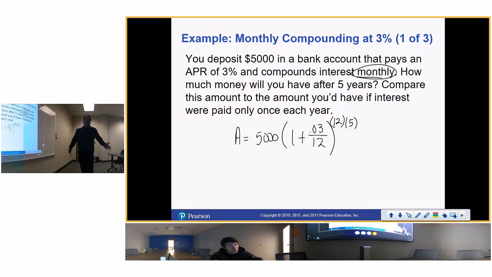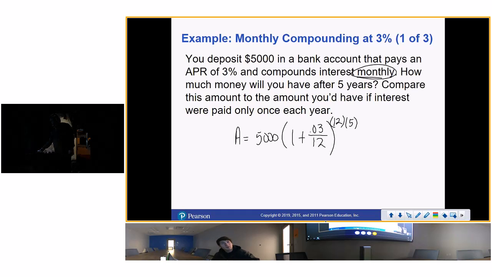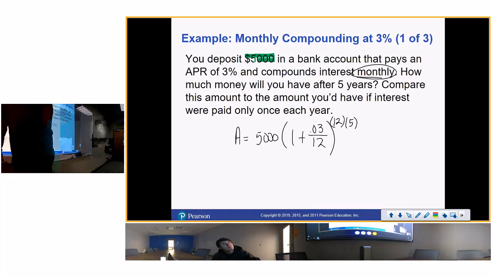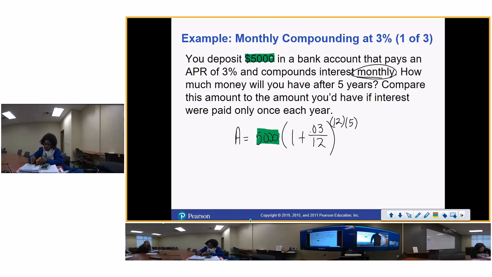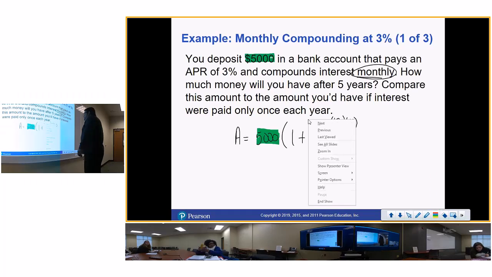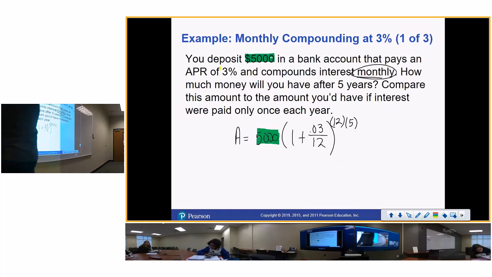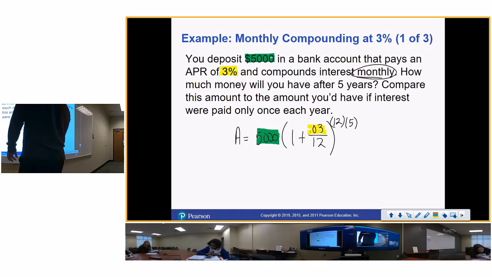It's in the question. All right, since I don't have posters, let's take our handy dandy green highlighter, and I'm going to highlight 5,000 right here, and right there. And then I'm going to take a yellow highlighter and highlight 3% in yellow, and that is right there.